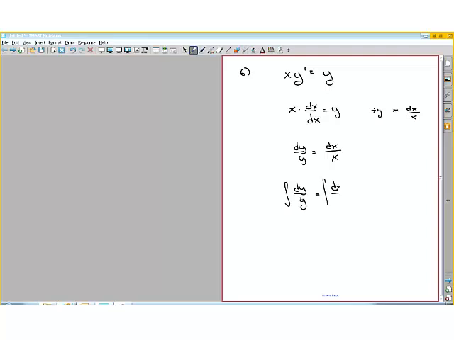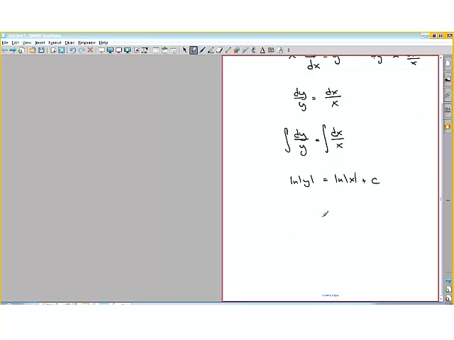The integral of dy over y, of course, is the natural log of the absolute value of y. The integral of dx over x is the natural log of the absolute value of x. And we add our arbitrary constant. Now again, we want to explicitly solve for y, so we're going to make the two sides the exponent of e.